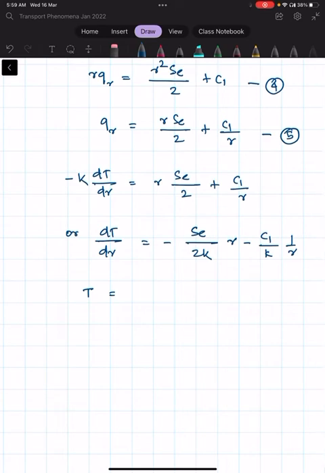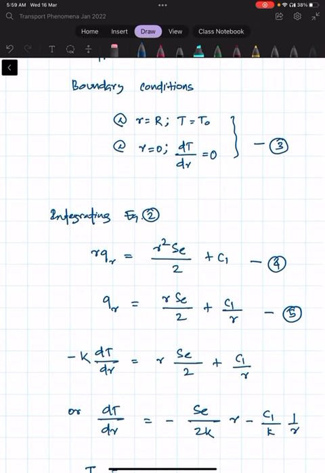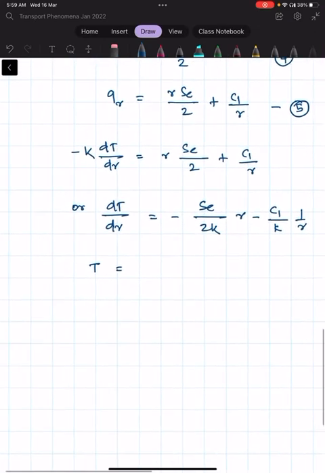Once you have the expression for T, you can obtain the values of C1 and C2 from equation number 3. For the final expression, please refer to the book. I am knowingly not writing it here, so that you do it and check it against the book.